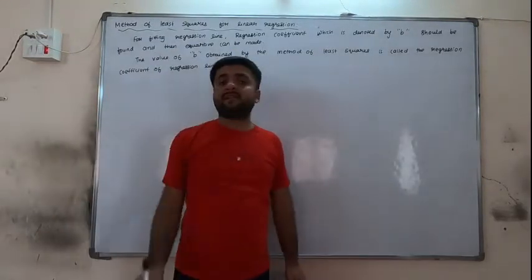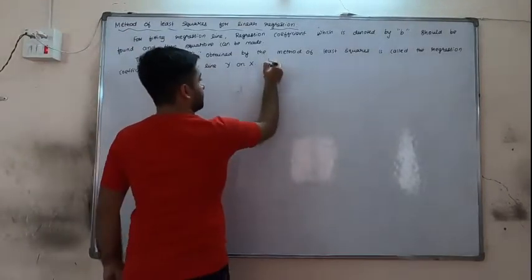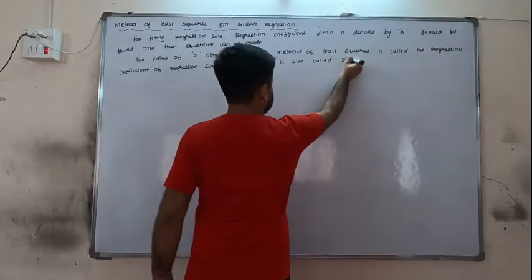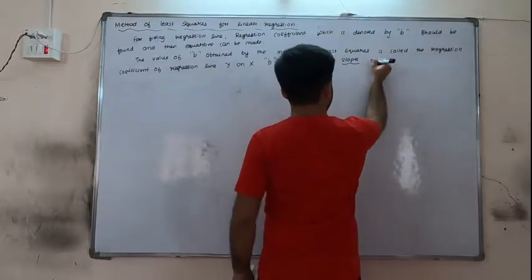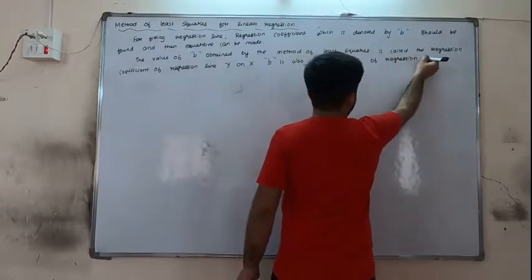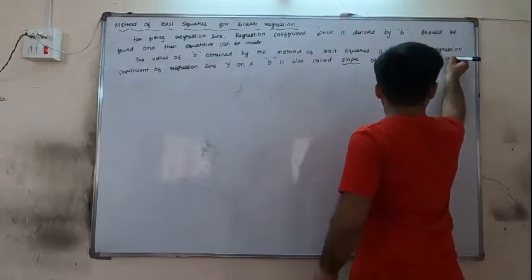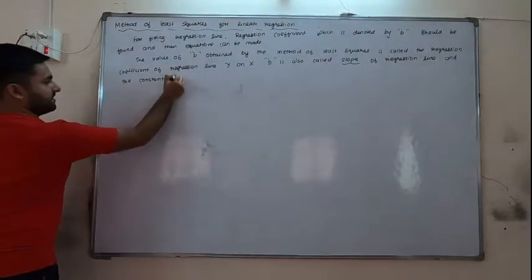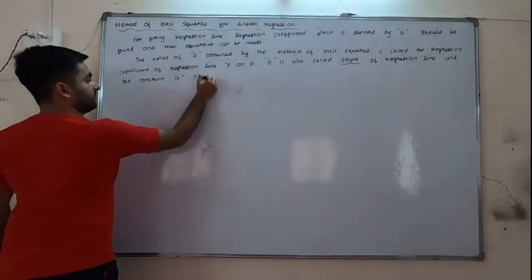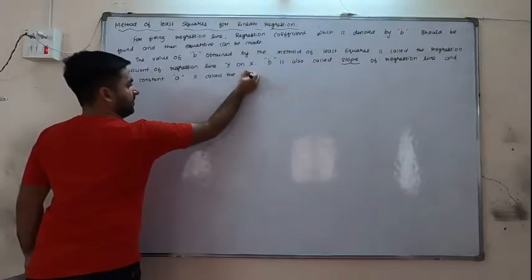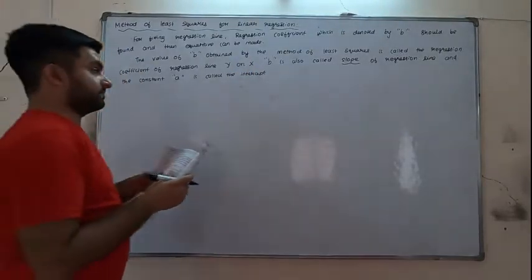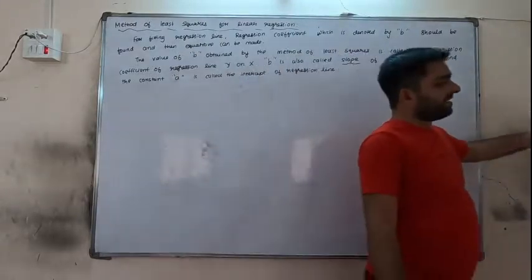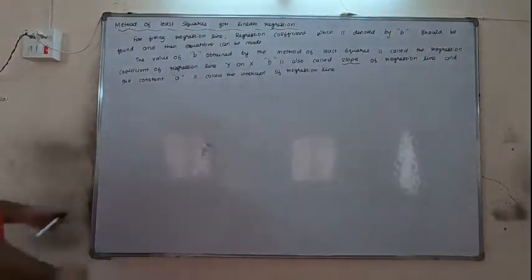Because y is dependent on x. b is also called the slope of the regression line, and the constant a is called the intercept of the regression line.